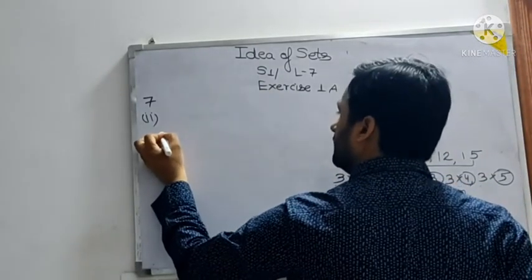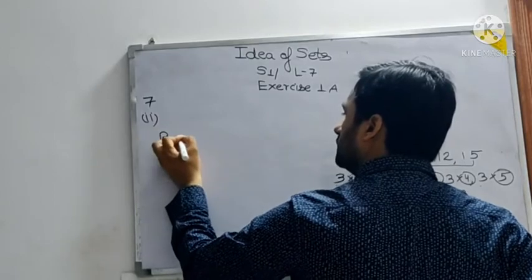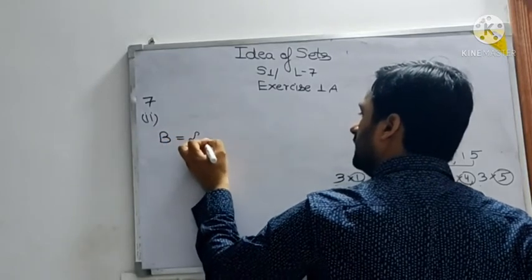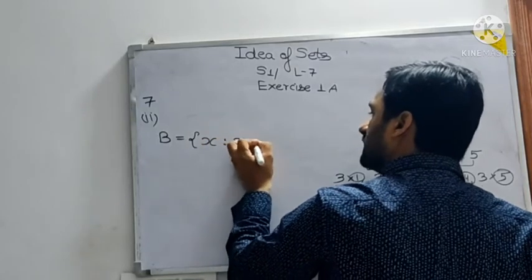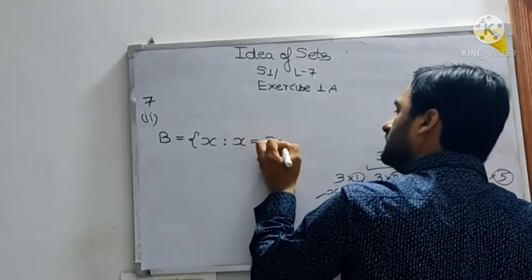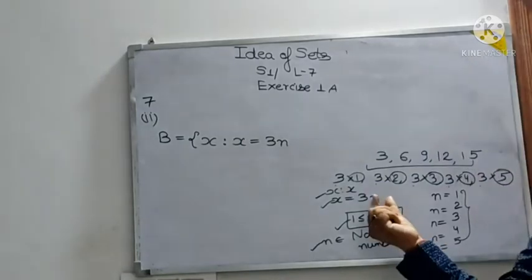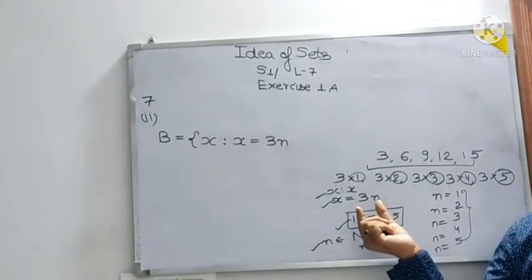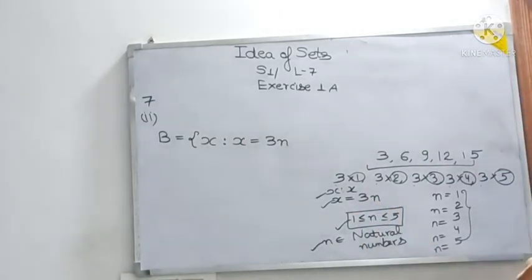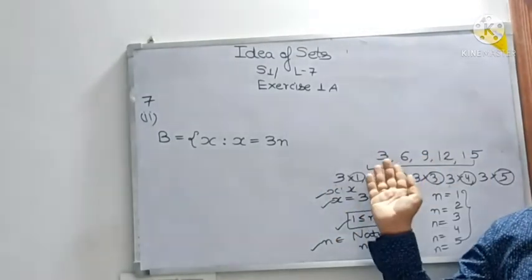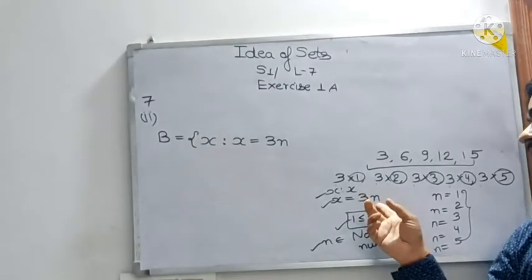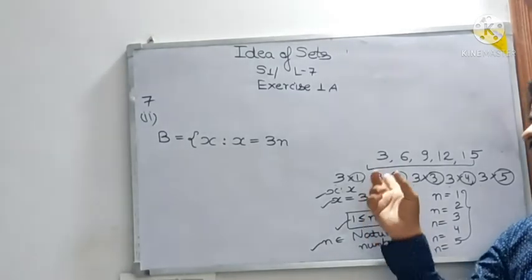So we'll write B is equal to {x such that x is equal to 3n, n is an element of natural numbers, 1 ≤ n ≤ 5}. What is 3n here? 3n is the expression that we have got. This expression will be used to generate all the members of the set, only varying the value of n.